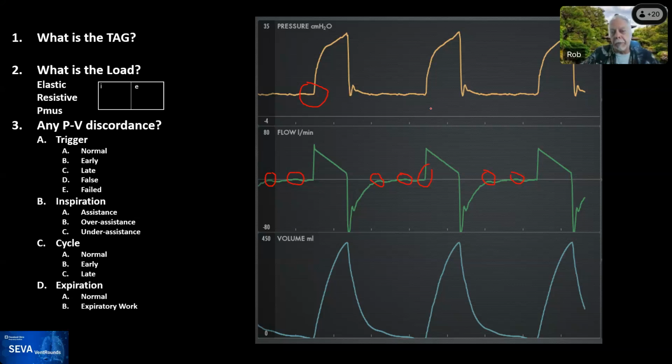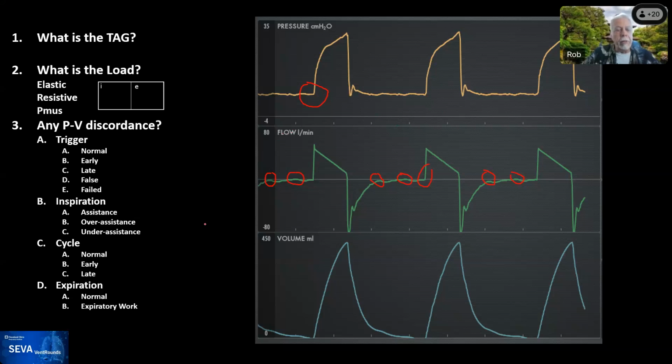Can't tell without any further clinical data, but that's a possibility. It wouldn't be under assistance because then we'd see evidence of PMUS in the patient trying to make inspiratory efforts, and in this case, that would deform the pressure waveform.